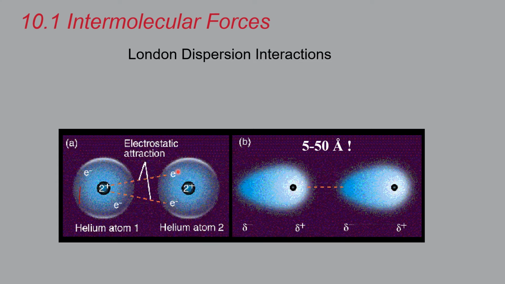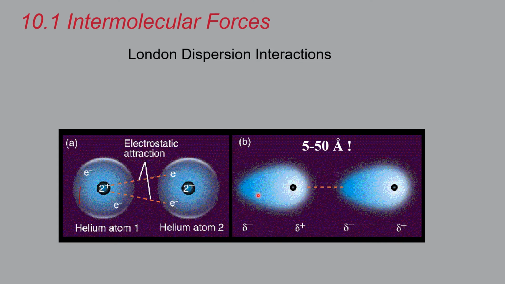And as they get closer and closer, what happens is these electron clouds interact with each other. Now, electrons all have negative charges, so they repel each other. So what happens is that as soon as the electron cloud on helium atom 1 feels the repulsion from the electrons in helium atom 2, they distort.